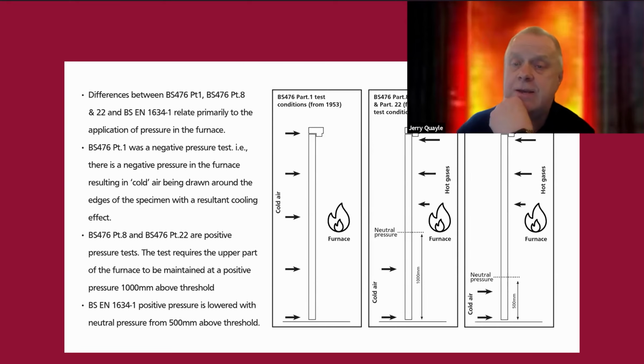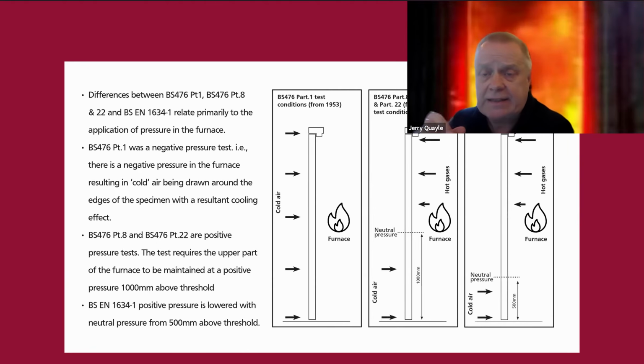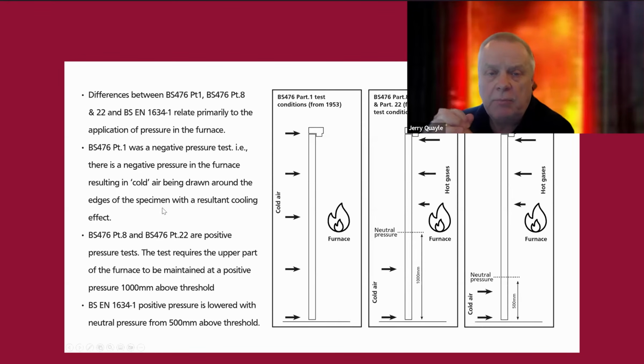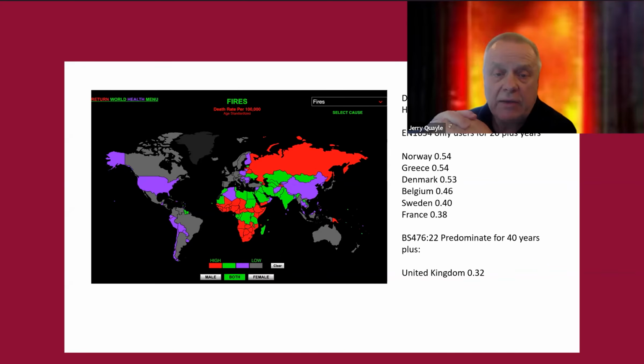If we go to the next slide, you'll see that for a few decades now, the Europeans have been using this standard, and you see this wonderful graph, a wonderful global image produced by the World Health Authority. The areas in black or in grey are not significantly high numbers of deaths per 100,000, but you will see, interestingly, that the Scandinavians, the Greeks, the Belgians, and indeed France kills more people per 100,000 than we do in the UK, which is very interesting.